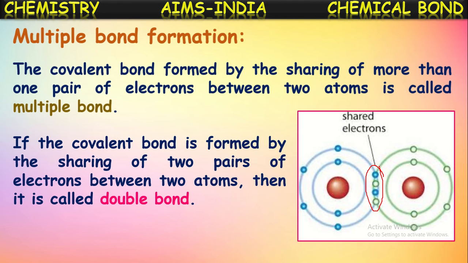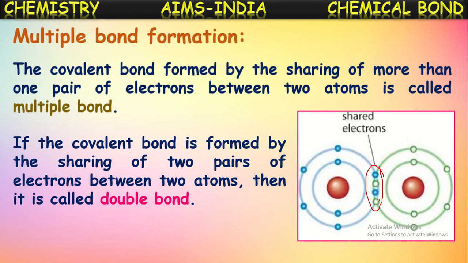Totally four electrons are shared between these two atoms, nothing but two pairs of electrons, and hence two covalent bonds are formed between these two atoms because of sharing of two pairs of electrons. So these two covalent bonds together are called a double bond. Now we can say these two atoms are connected with a double bond, which we call simply a multiple bond.